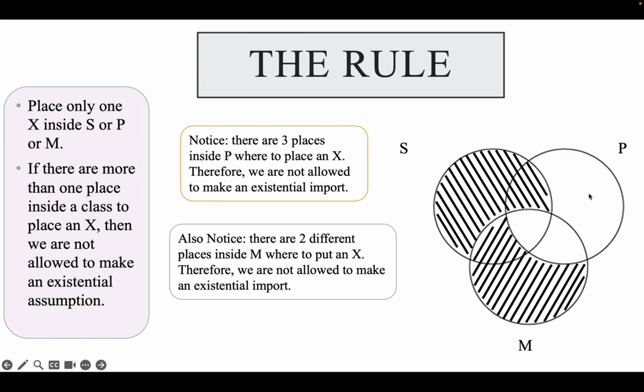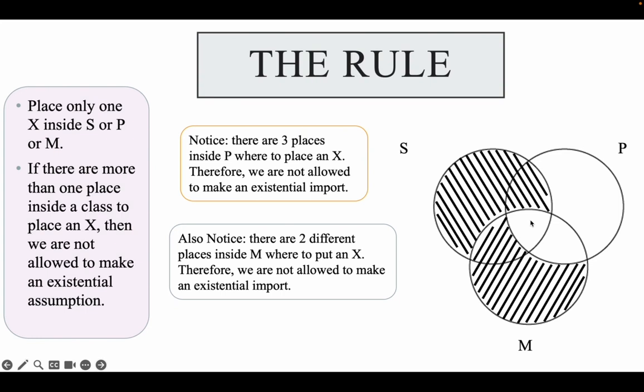For example, notice that I can place an X indicating that some entities inside the class of P exist. But where do I place the X? There's one place here, a second place right here, and a third place right here.